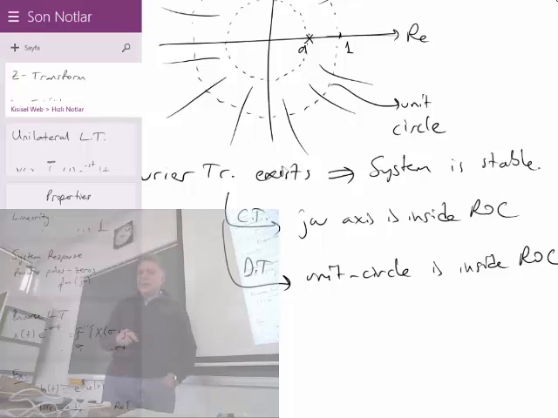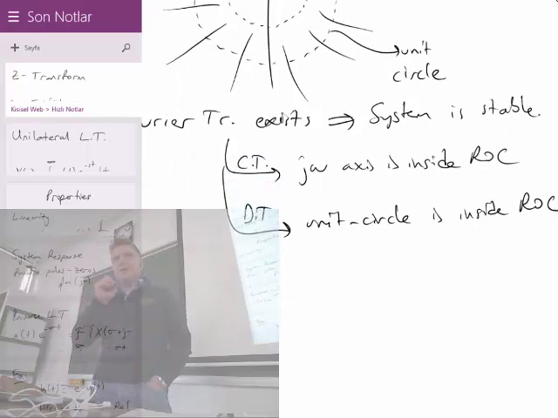In fact, the unit circle and the j omega axis are the same things, aren't they? Remember that z is e to the s, e to the sigma plus j omega, in other words. If sigma is 0, then it is the j omega axis. Then z will become e to the j omega, and e to the j omega is the unit circle.